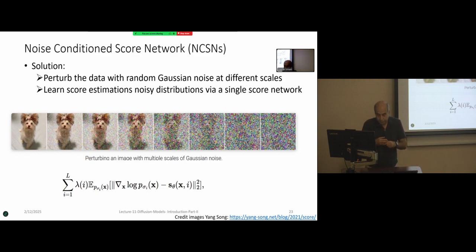And now as you see, we have p sigma_i. There we had just log of p of x, gradient of this. Now since we are adding noise conditioning, we are going to introduce sigma_i. So the network which we are going to learn takes as input not only x but also i, that is, which level of noise we are adding.